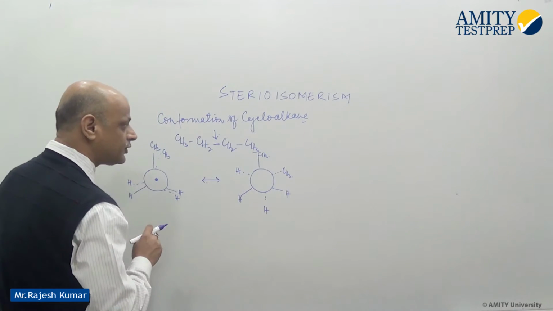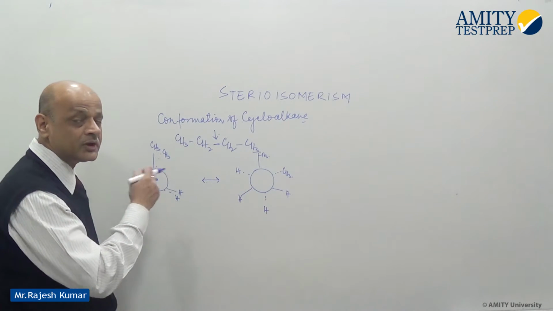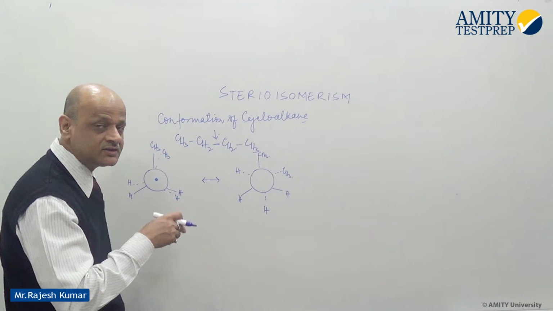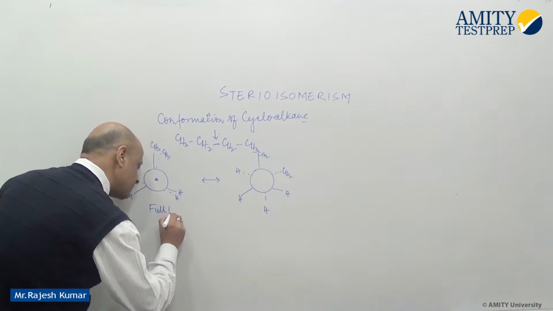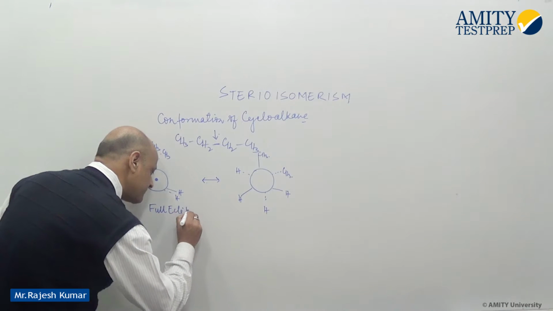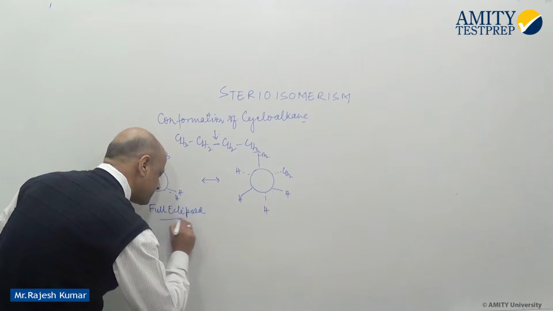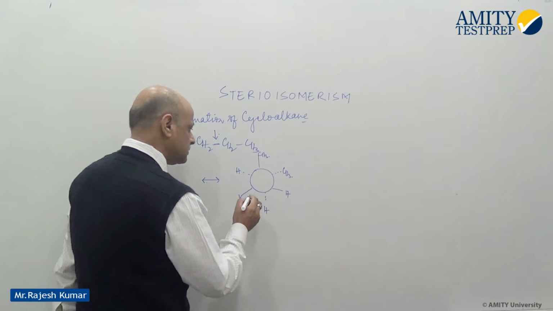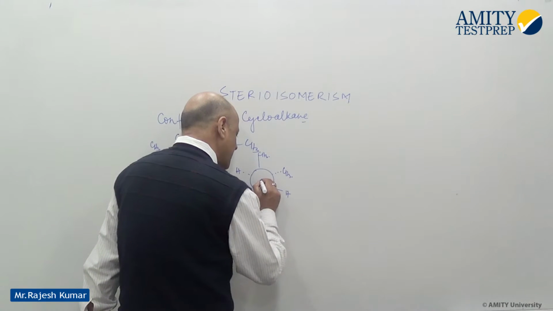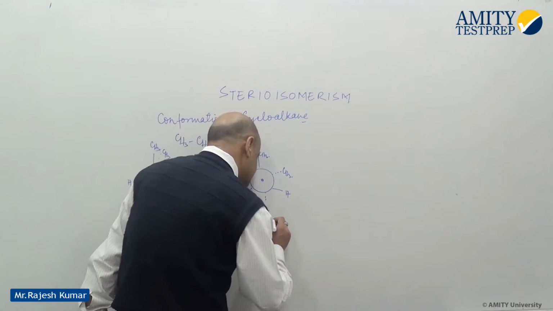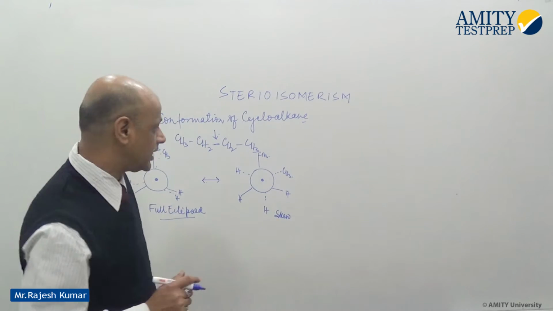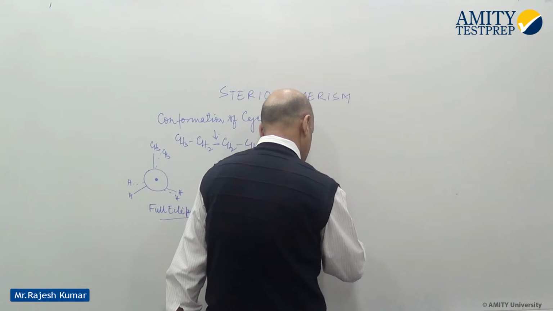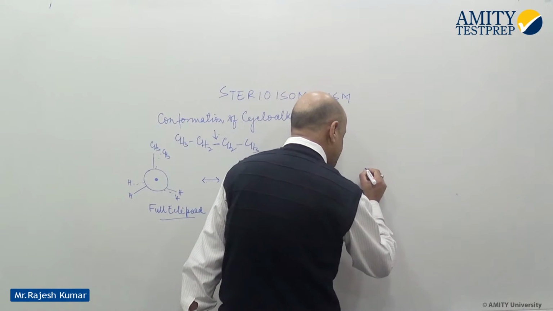The initial stage, where both bulky groups are superimposed on each other or nearest to each other, is called the full eclipse condition. Now, both bulky groups are a little away from each other. This is called the skew form. Still, the repulsive interaction is going on.